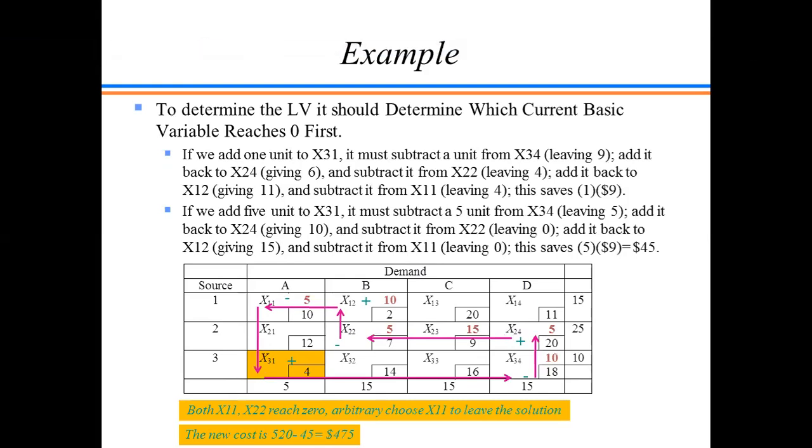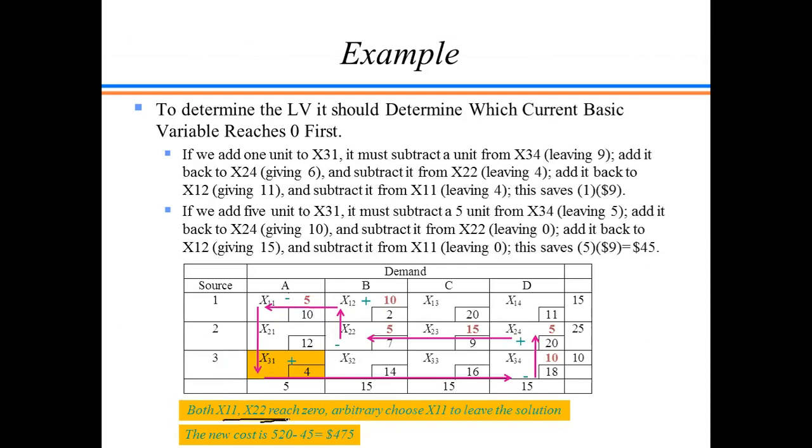After that, x31 plus 5, so later the value at x31 cell is 5, and then x34 minus 5, so becomes 5. x24 plus 5, so becomes 10. x22 minus 5, so becomes 0. x12 plus 5 becomes 15, and then x11 minus 5 becomes 0. So we have two basic variables that reach 0, which are x11 and x22.